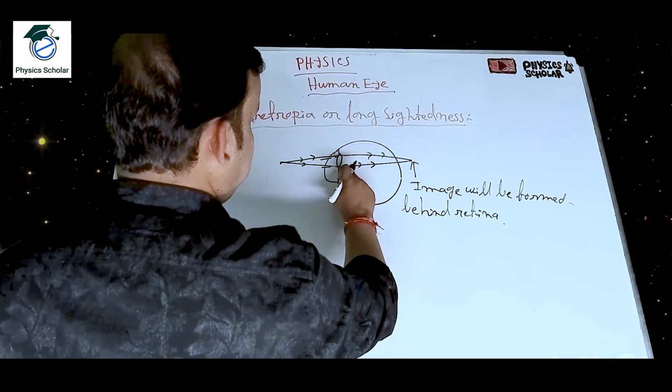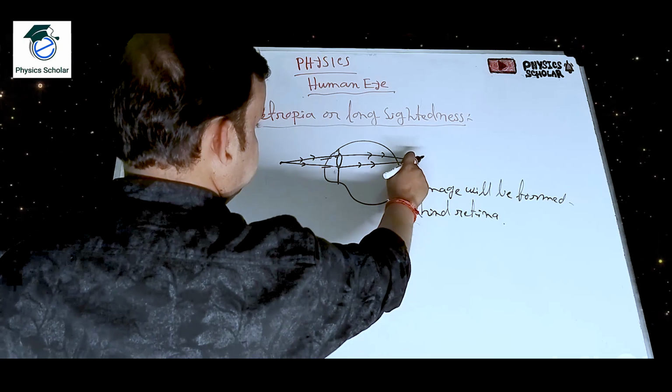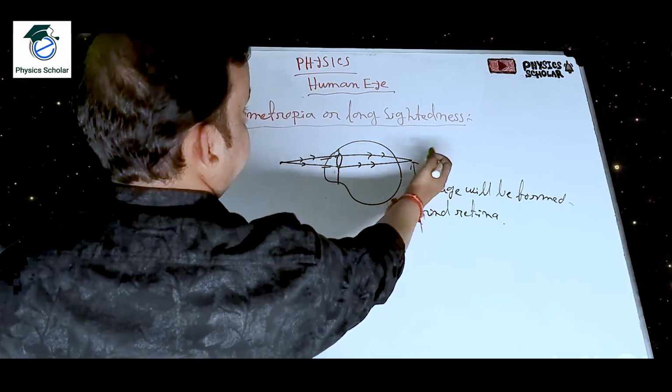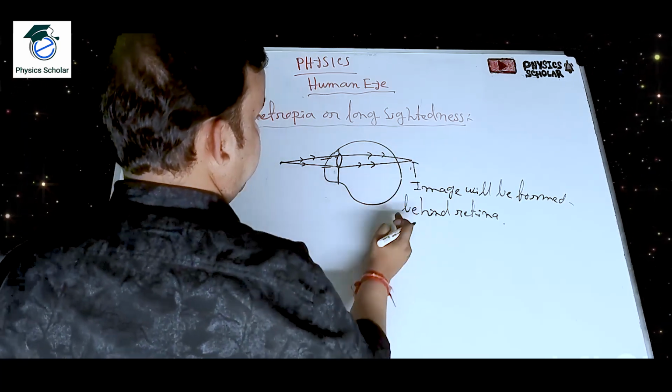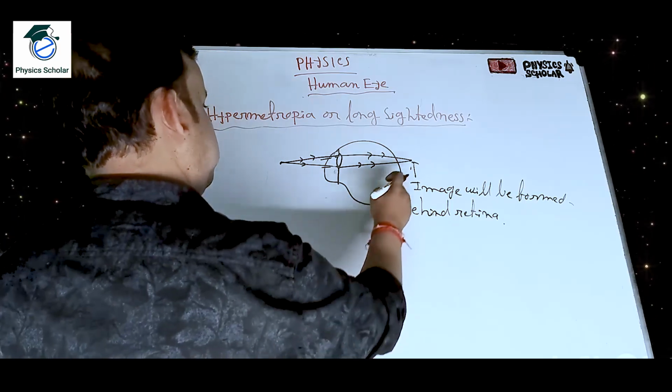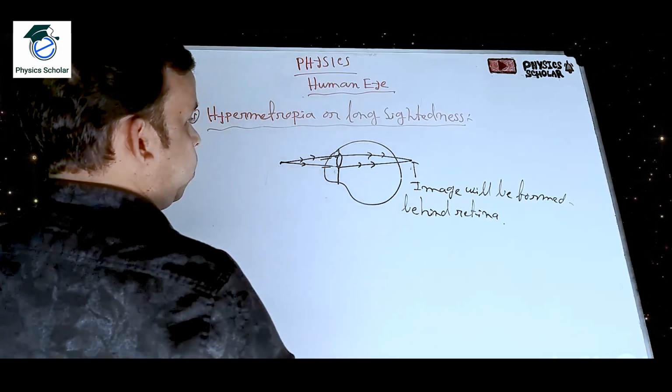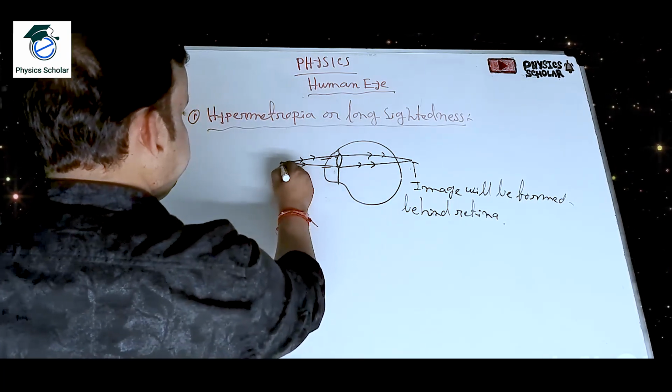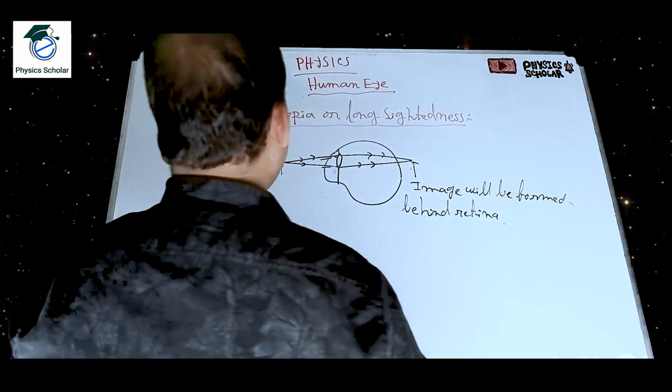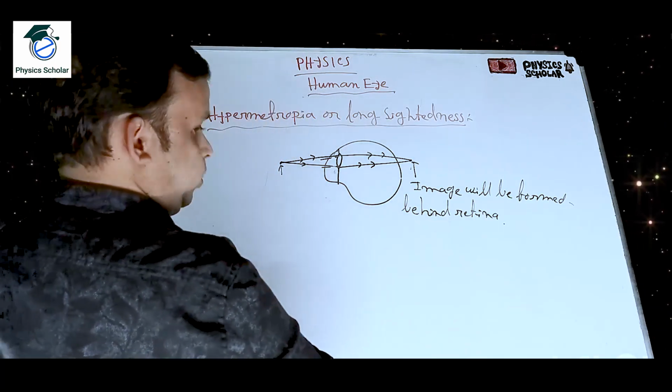The rays will converge and meet behind the retina, so the image will not form on the retina and we cannot see the nearby object properly. This condition is known as hypermetropia.